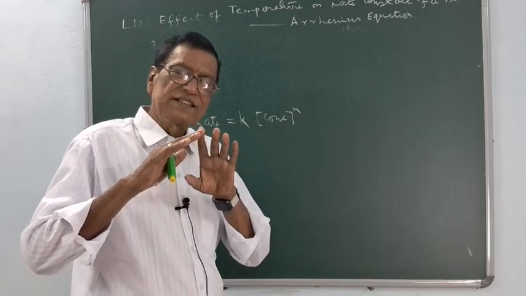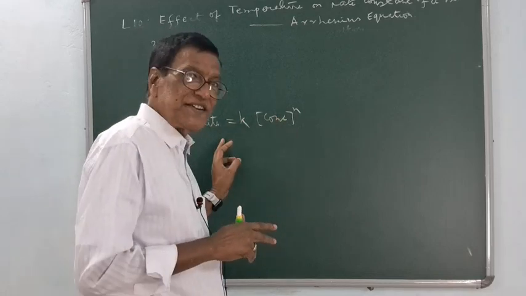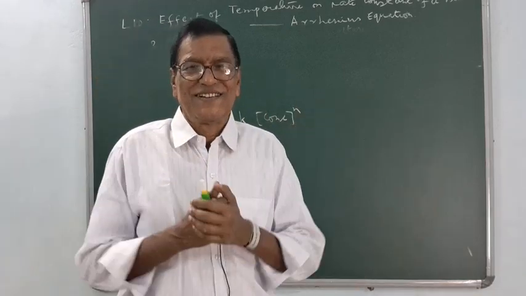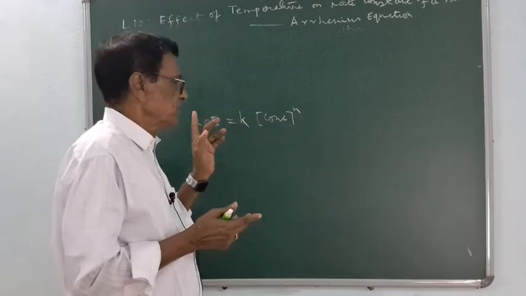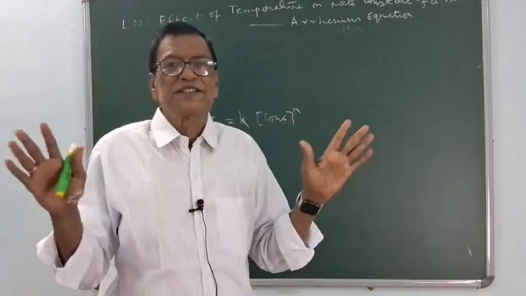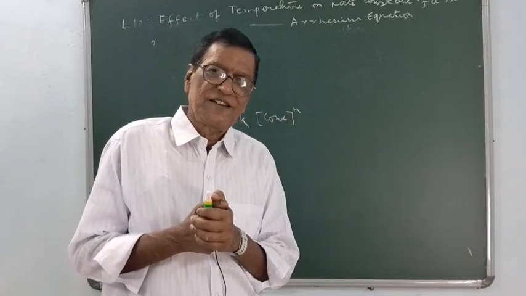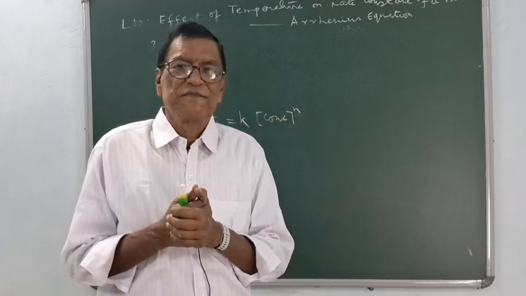Whenever we study the effect of concentration on this rate, the temperature we shall keep constant. Whenever we shall study the effect of temperature on this rate, then concentration is to be fixed, keeping the volume of this reaction vessel fixed, so that concentration does not change with temperature.